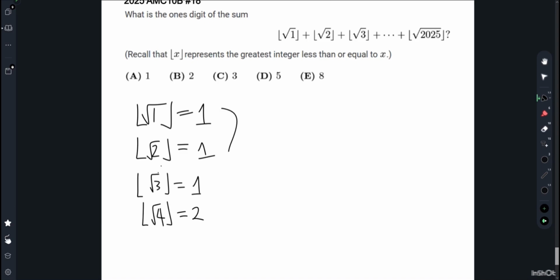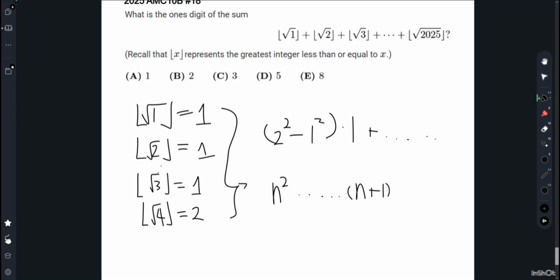So what this means is that our sum is going to be (2 squared minus 1 squared) times 1, plus all the way down. Every number from n squared all the way to (n plus 1) squared minus 1 has a floor of square root equal to n.